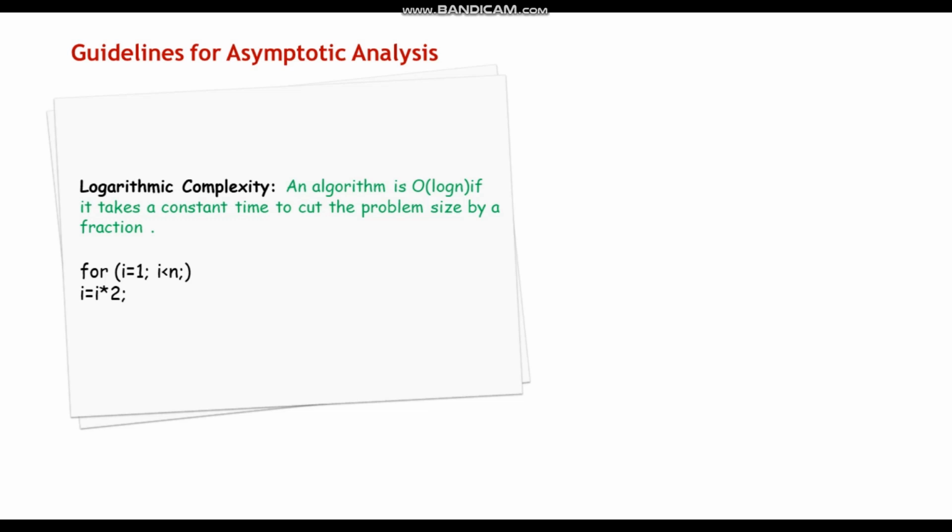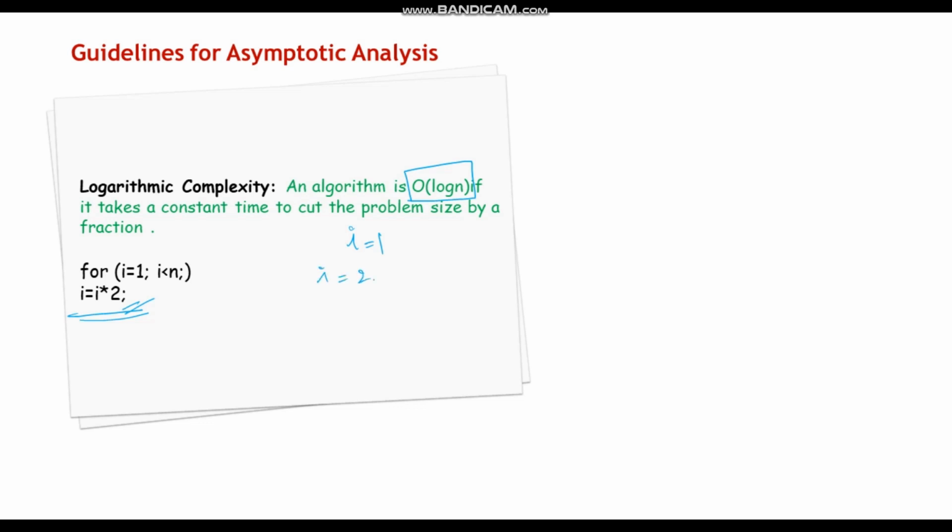The next very important part is the logarithmic complexity. An algorithm is O of log n if it takes a constant time to cut the problem size by a fraction, usually by half. To take an example, we have a code snippet for i equals 1, i less than or equal to n, i equals i into 2. If we observe, the value of i is doubling every time.